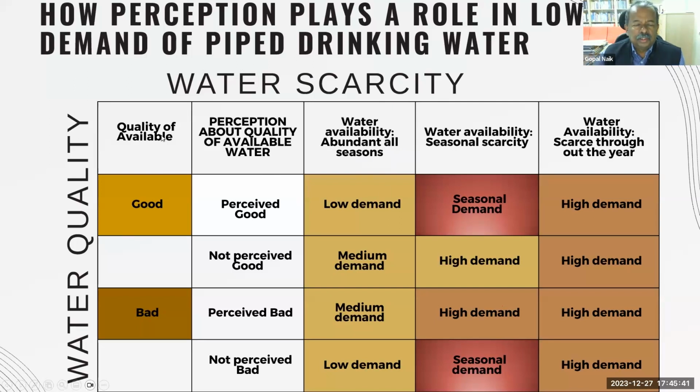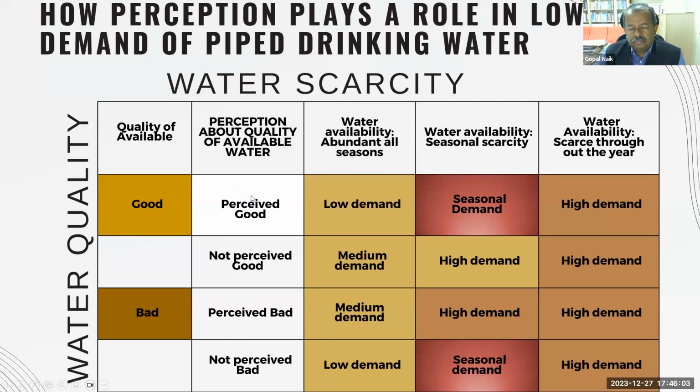In terms of quality of available water, could be good quality or bad quality. And then again, so good quality, is it perceived properly by the households? Is it perceived as good, or is it not perceived as good? And again, whether it is perceived as bad quality or not.